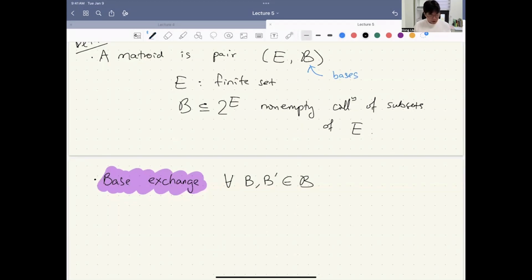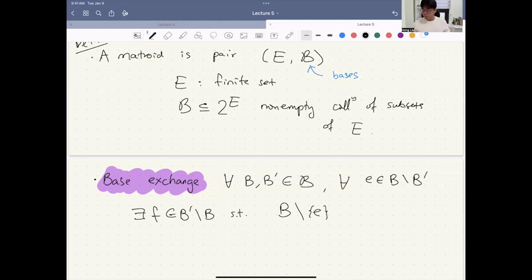And then for any element B that's in one base but not in the other base, we can always find there exists an element F that's in the other base, not in the first base, such that B with E removed, but then you can add this element F from the second base, not in the first one.